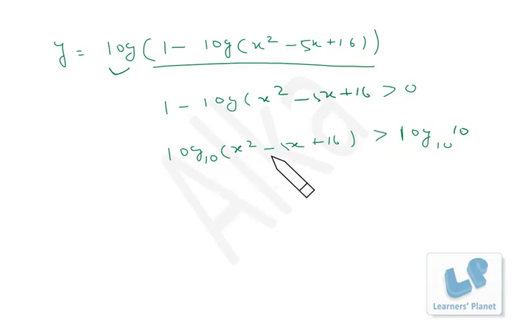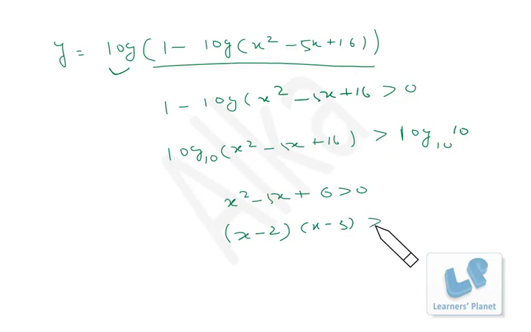Now since base is greater than 1, the sign of inequality will be maintained. So x square minus 5x plus 16 is greater than 10. So I can say x square minus 5x plus 6 is greater than 0. So here it is x minus 2, x minus 3 is greater than 0. So x should be between 2 to 3. Okay.